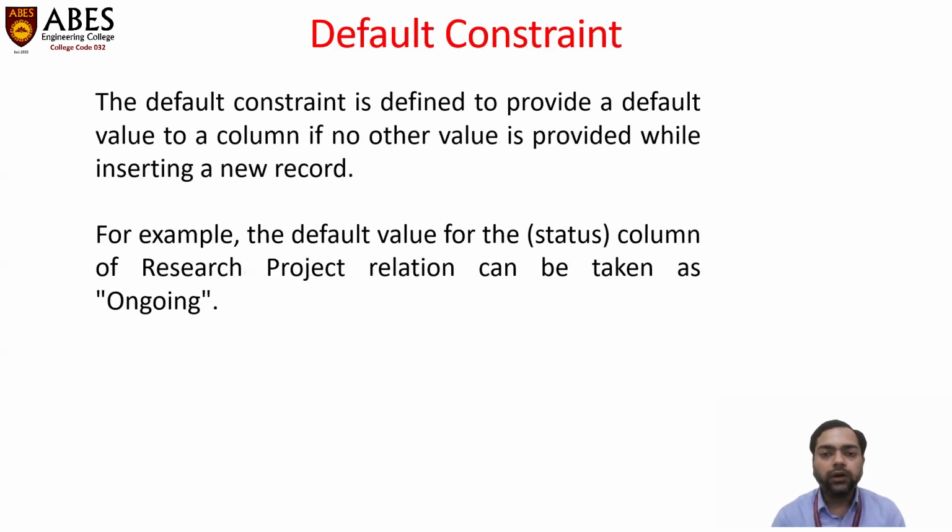Now, next we have the default constraint. So what does it mean? The default constraint is defined to provide a default value to a column if no other value is provided while inserting a new record. Let us take a student example. We have a student relation, and under that we have different attributes like roll number, name, age, branch, and let's suppose address.